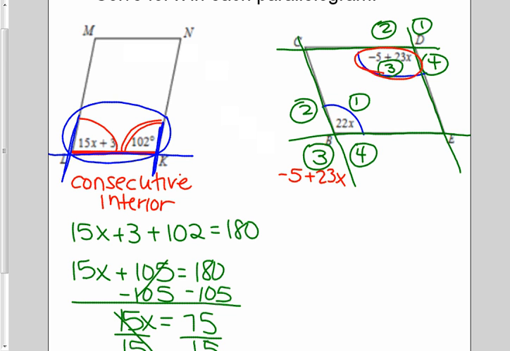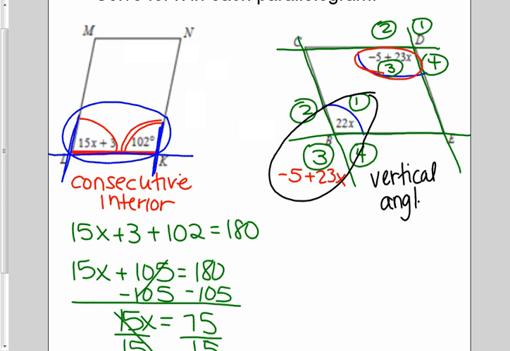Now the relationship between these two is that they are vertical angles, right? Because they're vertical angles here, we know vertical angles are congruent, so we could set them equal to each other in order to solve this one. So here we have 22x equals negative 5 plus 23x.